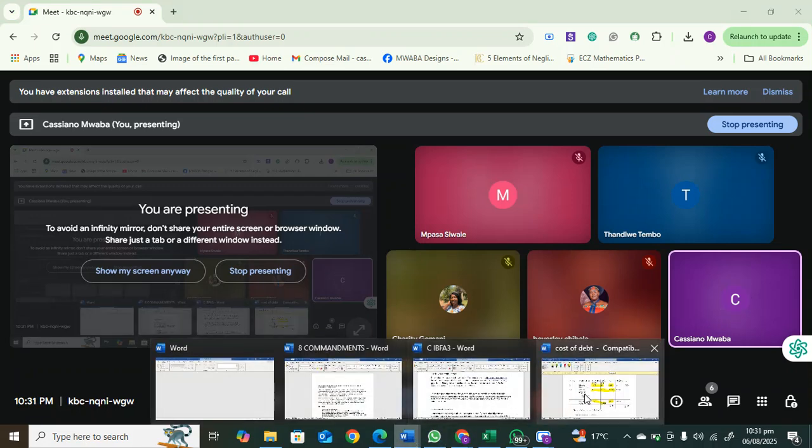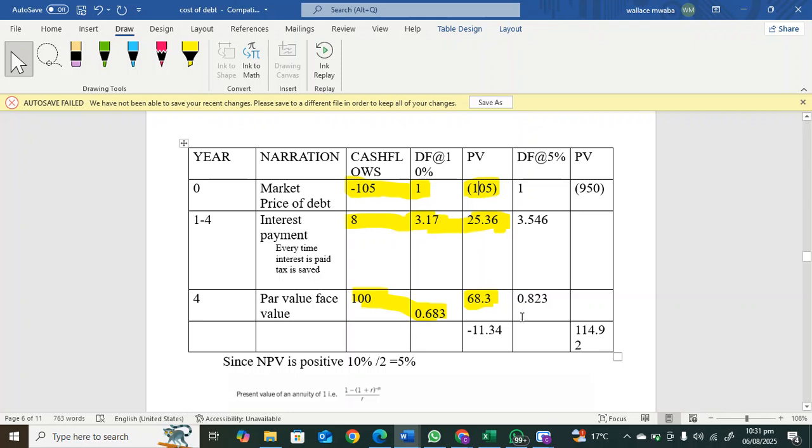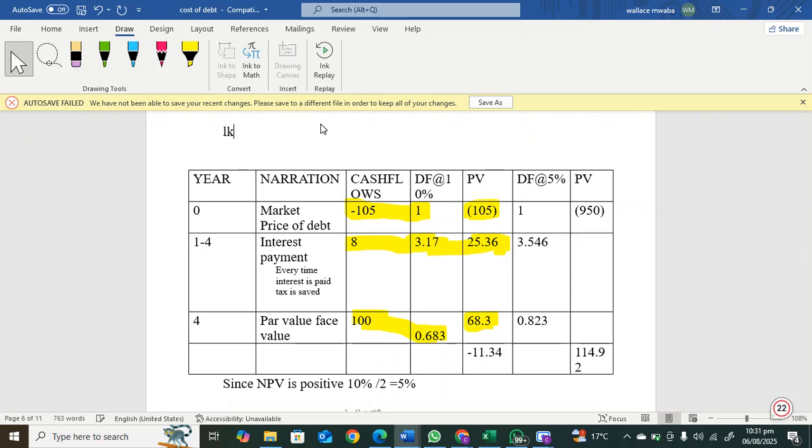So if your first present value is negative, remember this, colleagues, it means you reduce the discount factor.